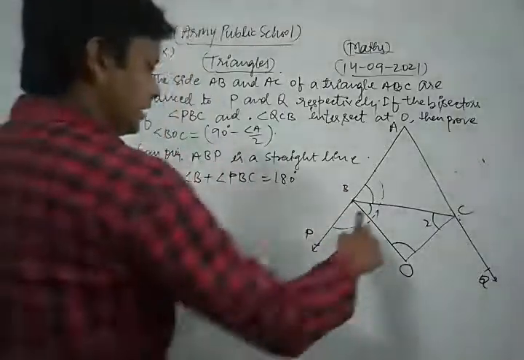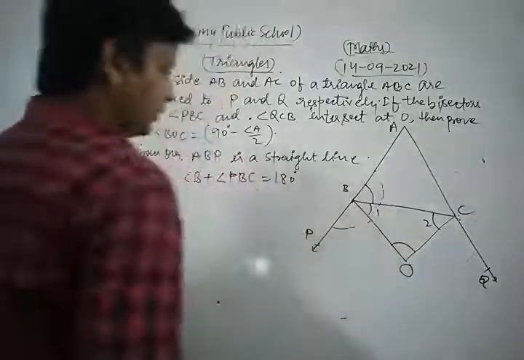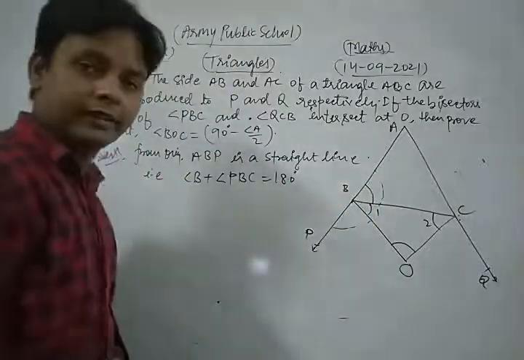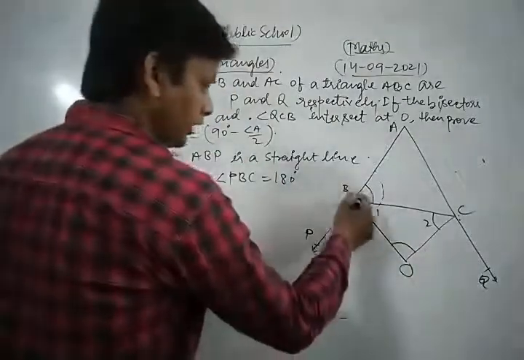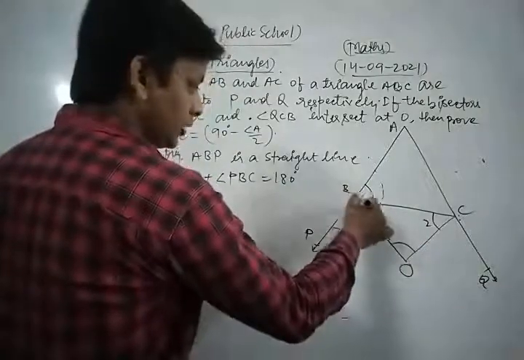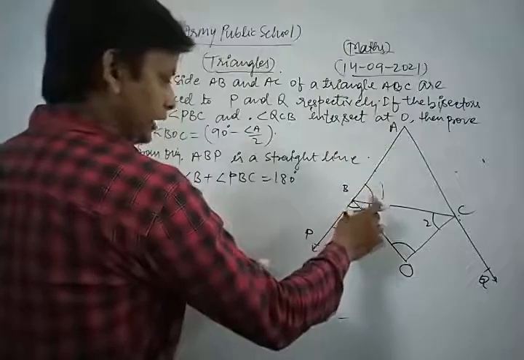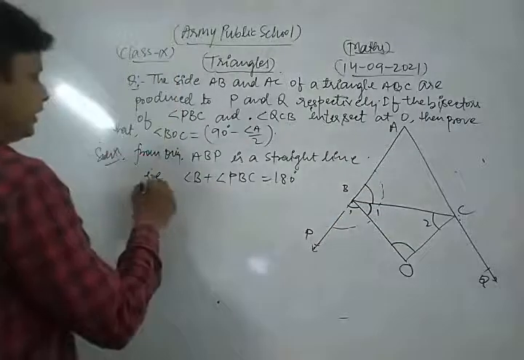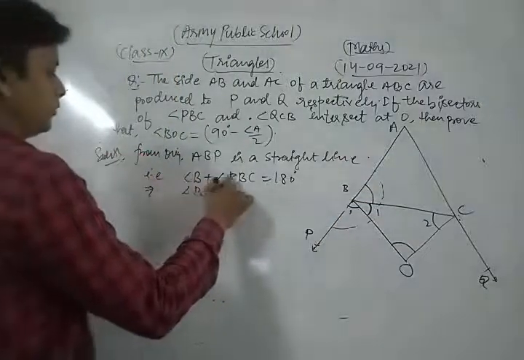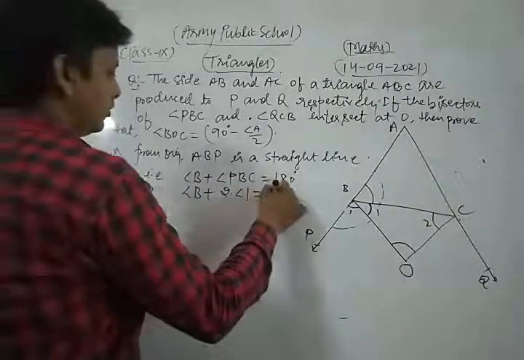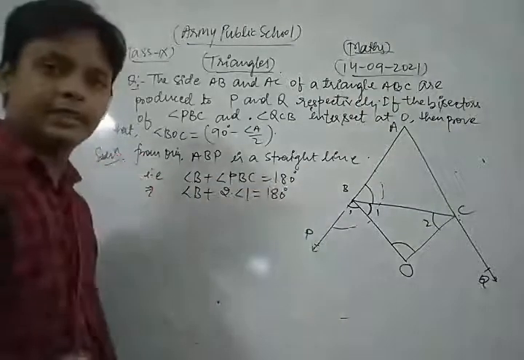We can write angle PBC as 2 times angle 1, because BO is the bisector of angle PBC. So angle B plus 2 times angle 1 is equal to 180 degrees.